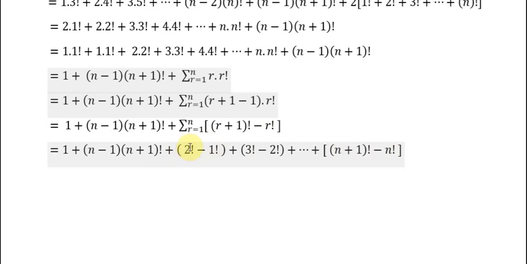And you know that 2 factorial in here minus 2 factorial in here will eliminate together, and we get the simplified form.